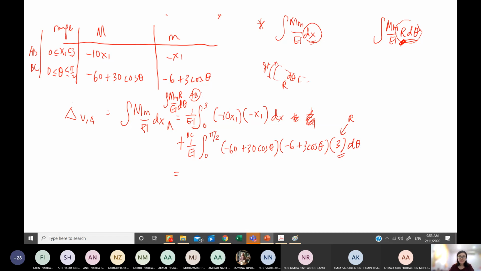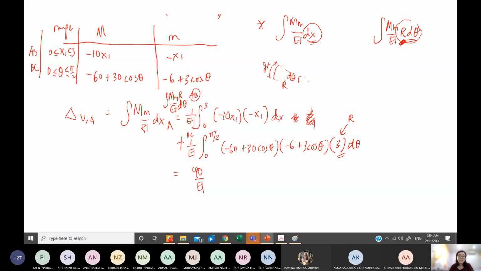Using your calculator, can you get me this section AB, solve for this equation? Anyone? 90 over EI. Thank you.